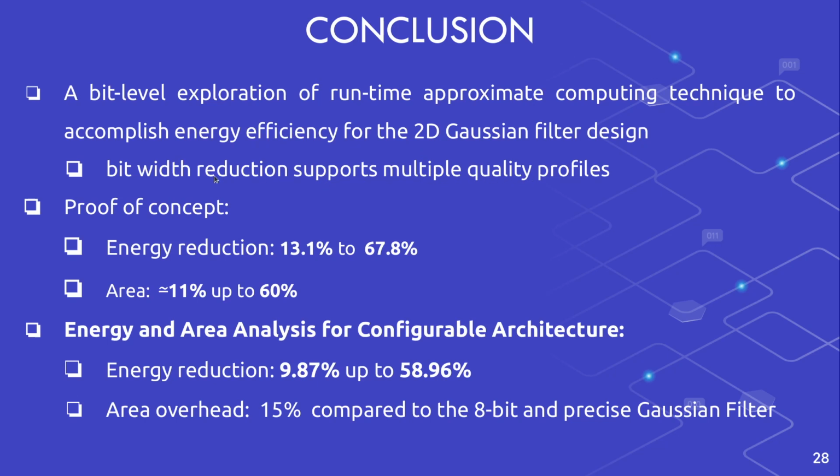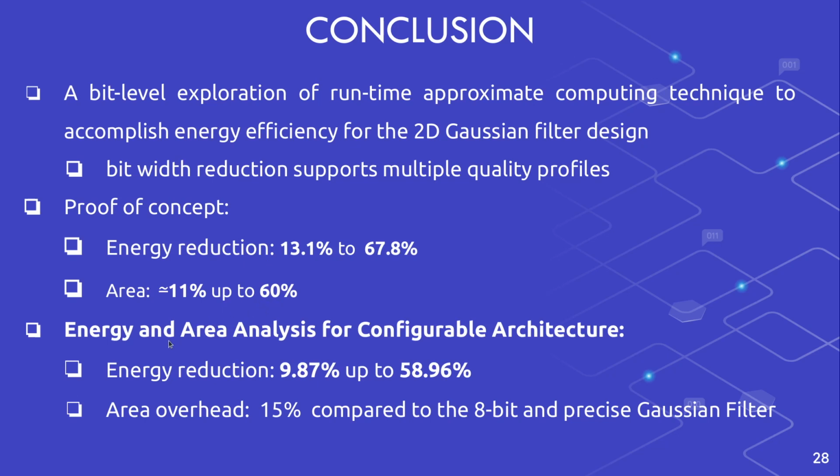In terms of the proof of concept, we can see that the energy reduction ranges from about 13.1% up to 67.8%. And in terms of area, the maximum area reduction is about 60%.